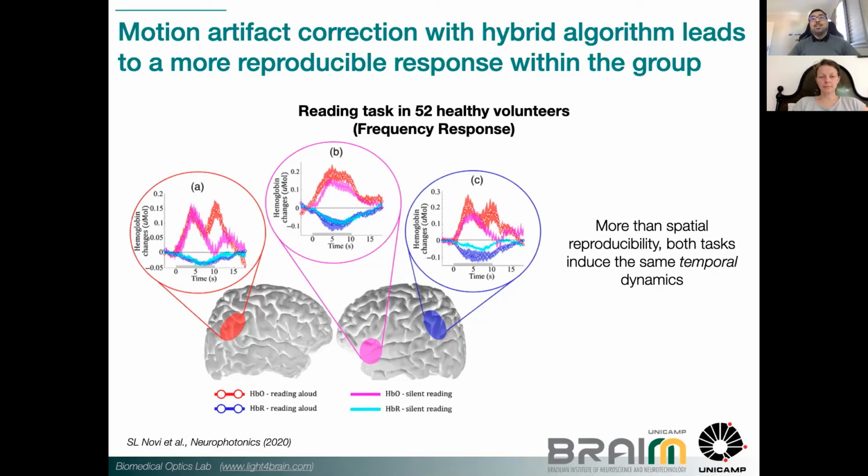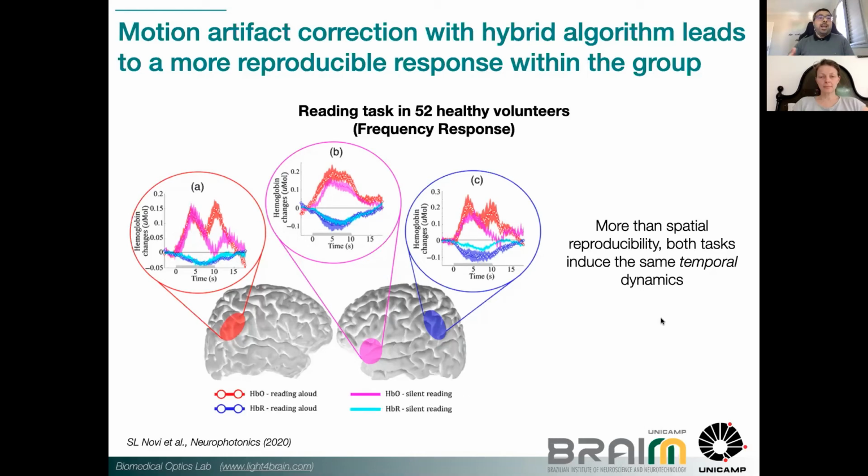the motion. So you see that there is a very good temporal correlation, both for oxyhemoglobin and for deoxyhemoglobin, in the three main areas where we find activation: the temporal, the vernix, and a more posterior parietal.